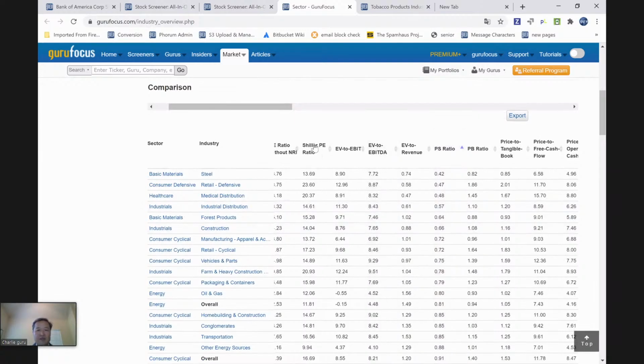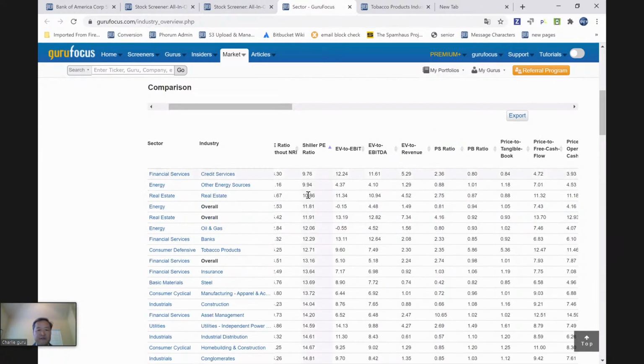And of course, then you can look at the Shiller P ratio of different industries, such as financial services and the energy sector. If you click on this, I believe you will be able to come to the all-in-one screener page as well.